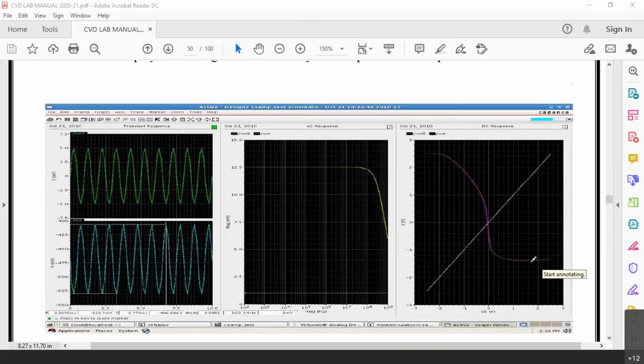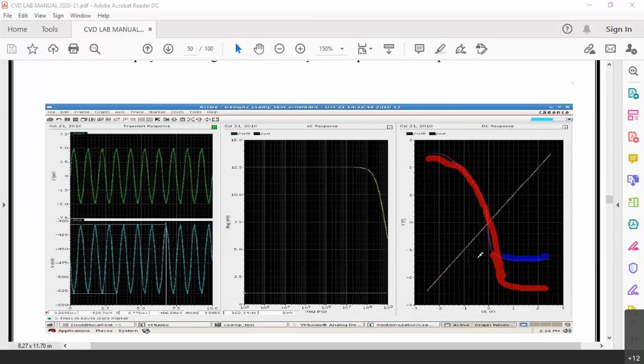Now the next question is, it has stopped here, whereas in the case of the inverter, it had gone down till here, right? In the inverter we had seen it will go down till the bottom also. But in the case of our common source amplifier, it has stopped here. The question is why? Can anybody answer?